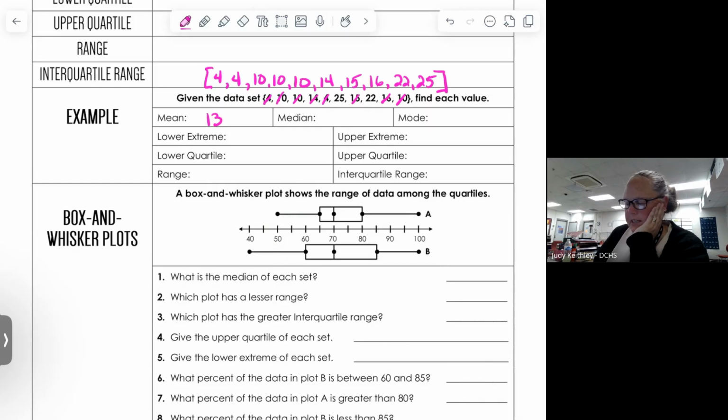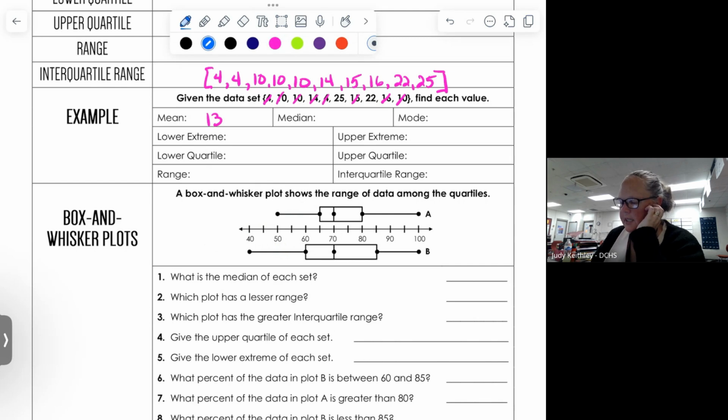The median, now that's one that we've not been doing too much, but we've been doing mean quite a bit. The median, we have to find the middle of our data. I know there's 10 pieces of data here, so I'm going to count off 1, 2, 3, 4, 5. And then I'm going to take another color and count off 1, 2, 3, 4, 5.